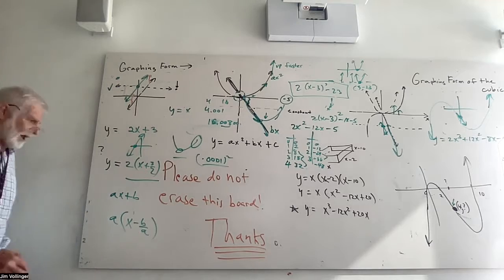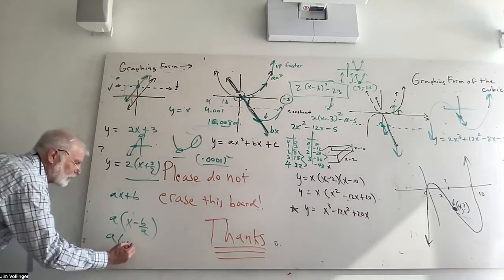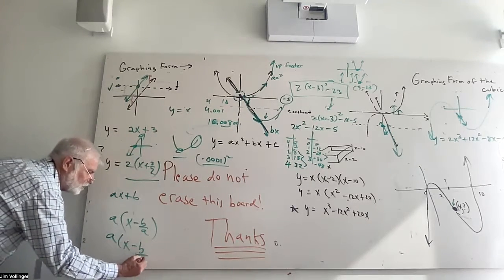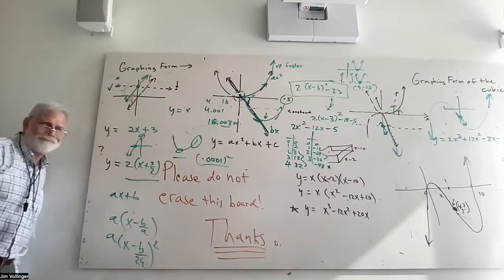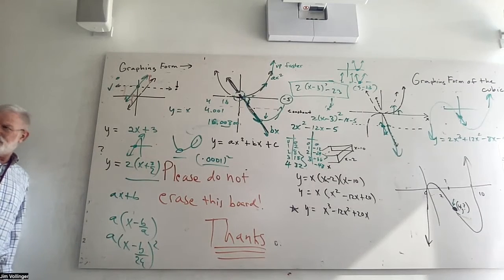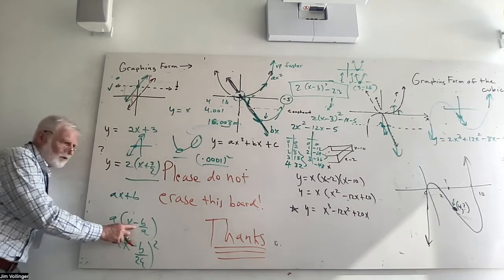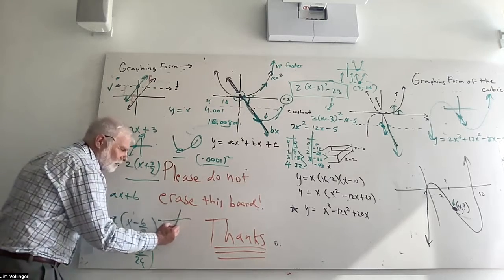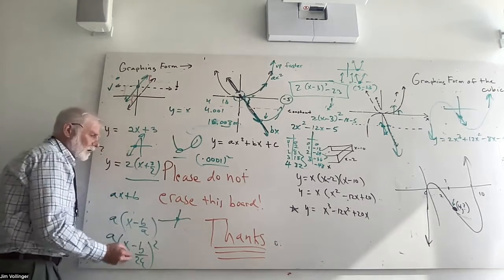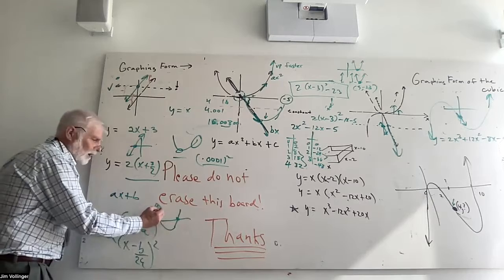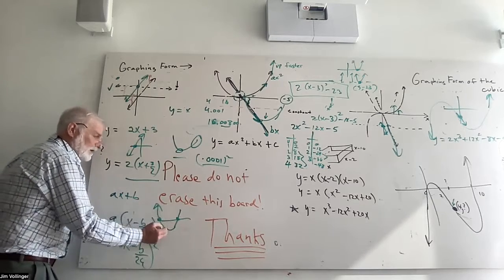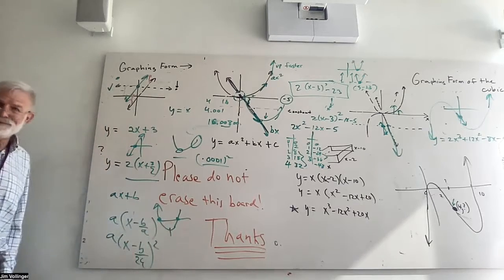Of course, the quadratic is a times x minus b over 2a, squared. That seems really important. And what did we say minus b over a is? That's the x-intercept. What is minus b over 2a? That's the average of the 2 x-intercepts.